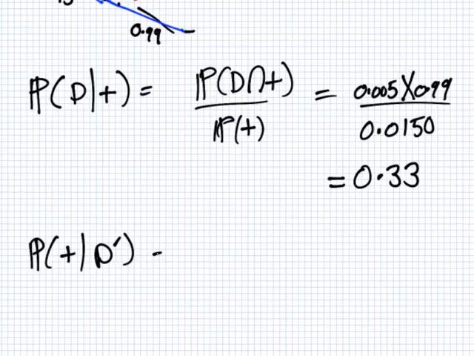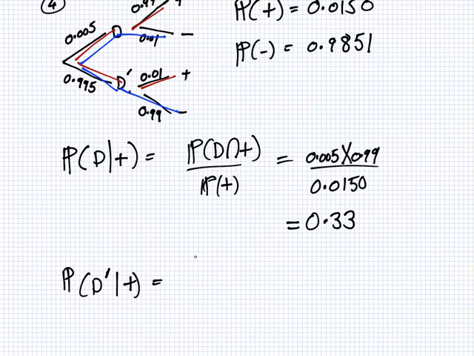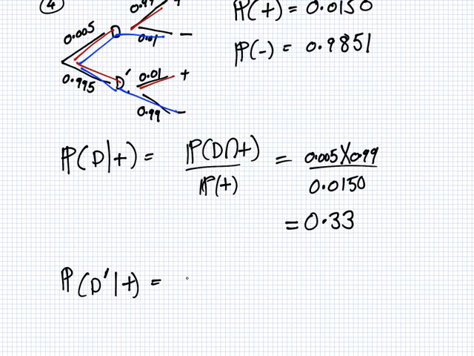Let's calculate that. What do we have on the top? No, the other way around. D dash given that's positive. What's the probability that the person does not use drugs given that they have a positive result? Yeah. That's the probability that they don't use drugs multiplied by it's positive. So what was that, please? Don't use drugs is... Is it not 1 minus the answer above?